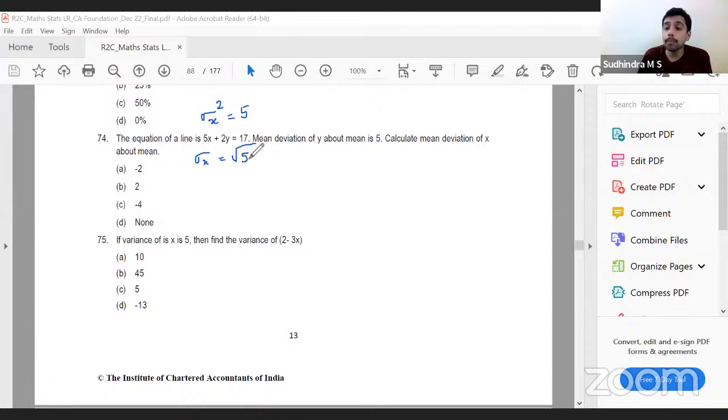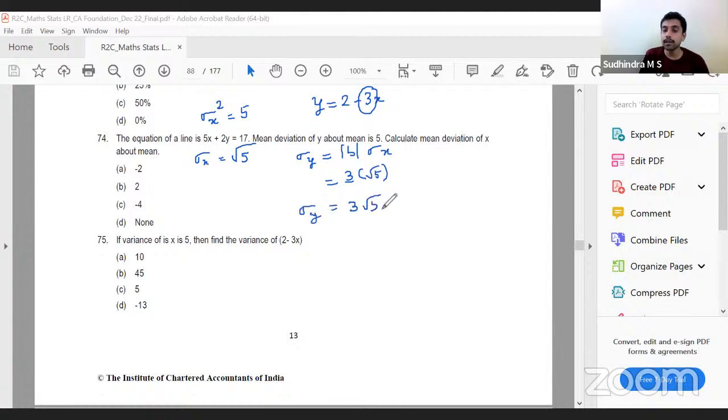Now, the property: they have given us variance of 2 minus 3x. So y is equal to 2 minus 3x. This property of change of scale and change of origin holds good only for standard deviation, not variance. So I cannot directly apply it to the variance. I have to apply standard deviation first. So standard deviation of y is modulus of b into standard deviation of x. Modulus of minus 3 is 3, into standard deviation of x, which is root 5. So standard deviation of y is 3 into root 5.